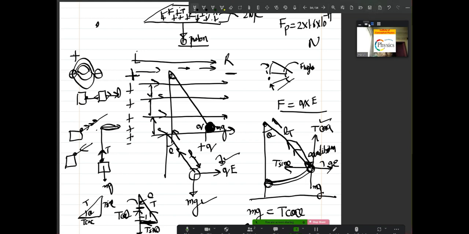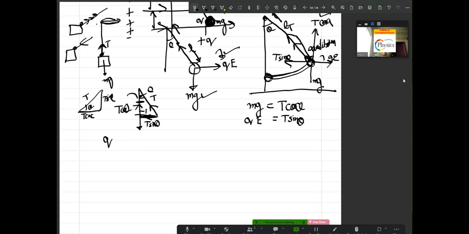The choices A, B, and D may be right. But what about the magnitude? That is decisive. Let's see what the magnitude is. If I were to divide these two equations of equilibrium, what will I get? Dividing T sine theta by T cos theta is equal to tan theta, which equals qE divided by mg.